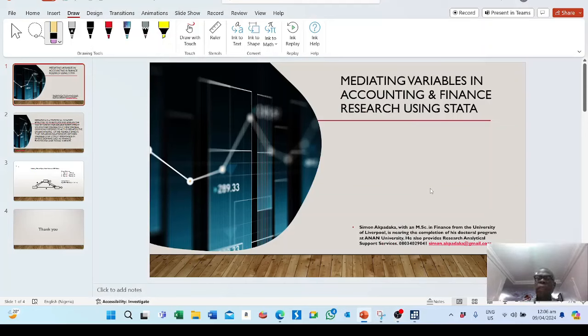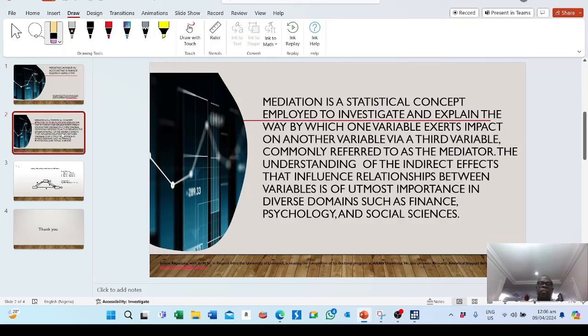Today we are looking at mediating variables in accounting and finance research using Stata. What is a mediating variable, or what are mediating variables? Basically, when we talk about mediation, it is a statistical concept employed to investigate and explain the way by which one variable exerts impact on another via or through a third variable, commonly referred to as the mediator.